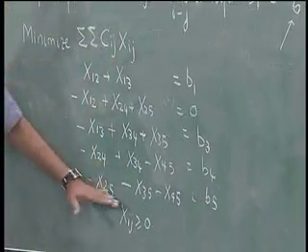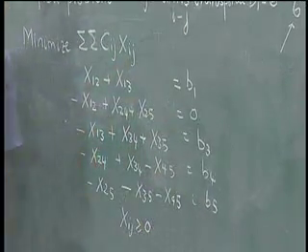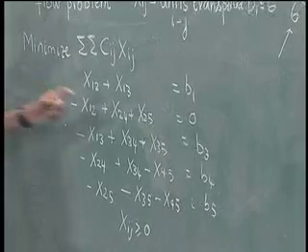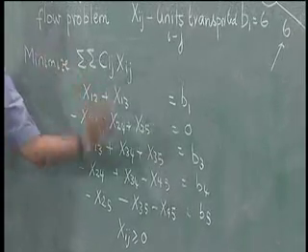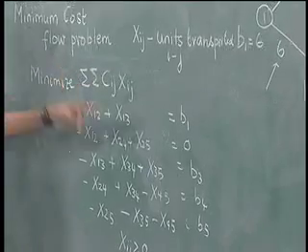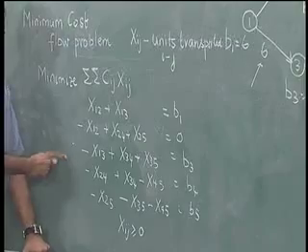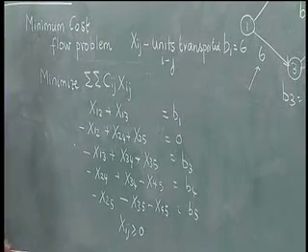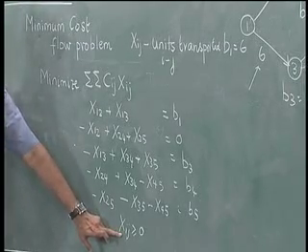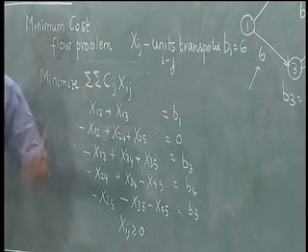If we add all the left hand sides and all the right hand sides, we get 0 equal to 0, indicating a linearly dependent system of equations. We can also show that this particular matrix is unimodular, and therefore, solving it as a linear programming problem would also give us solutions that are integer valued.